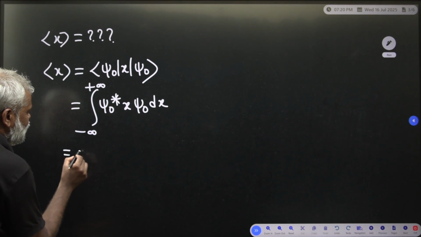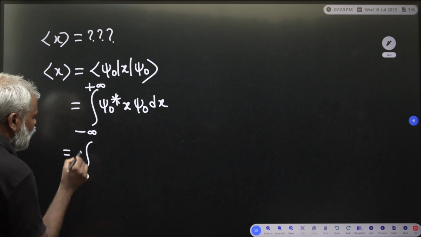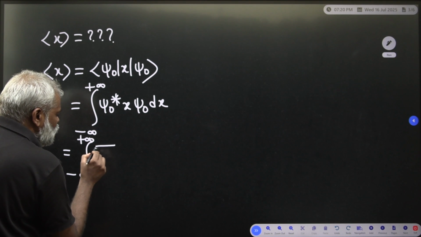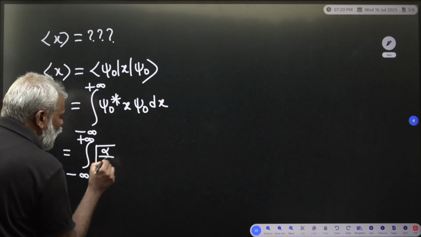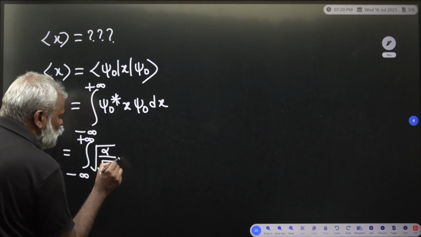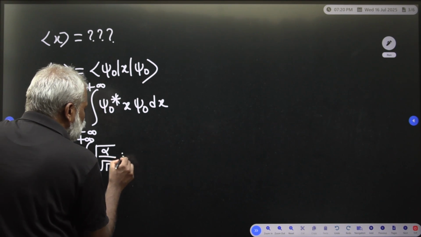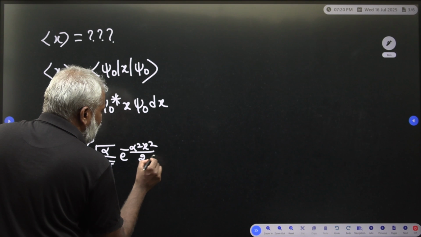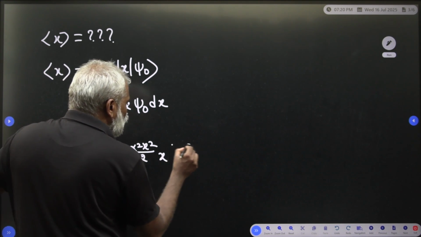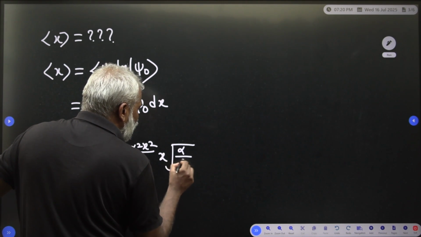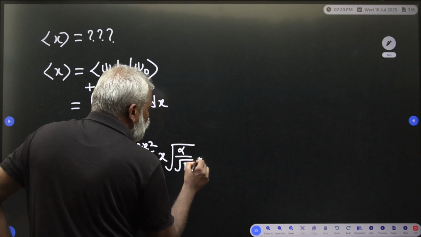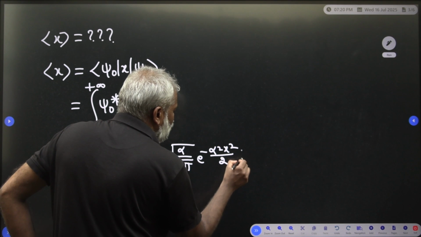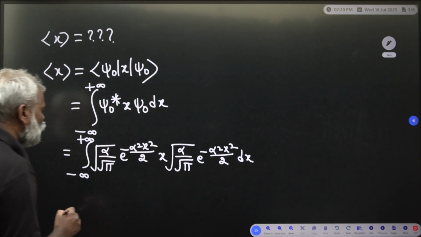So psi 0 conjugate is the square root of alpha by root pi, e to the power of minus alpha square x square divided by 2, times x, times the square root of alpha by root pi, e to the power of minus alpha square x square divided by 2, dx.